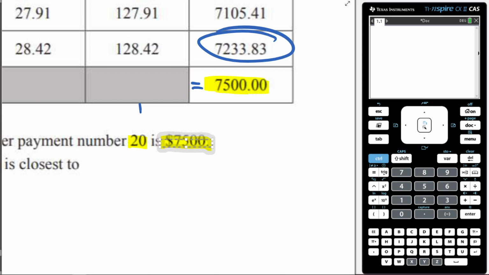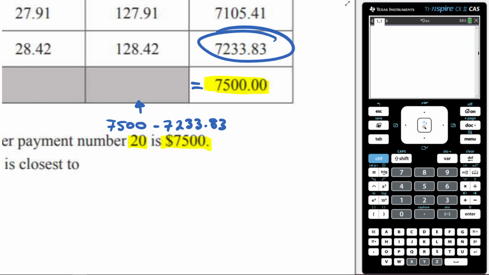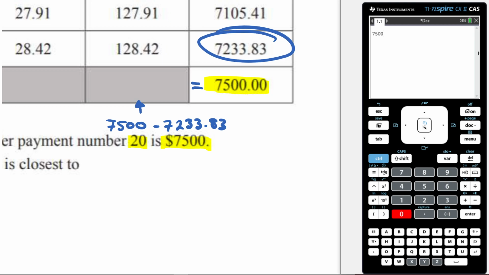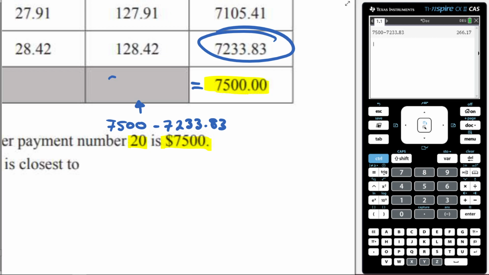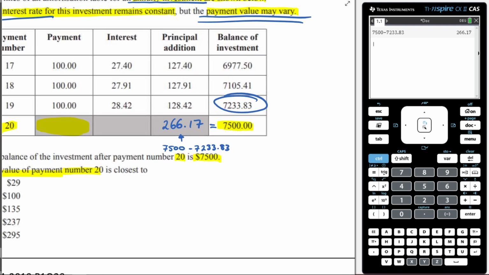My principal addition will simply be 7,500 subtracted by 7233.83. Let's quickly do it: 7,500 minus 7233.83 is going to be 266.17. That's my principal addition, and I just subtracted those two numbers.